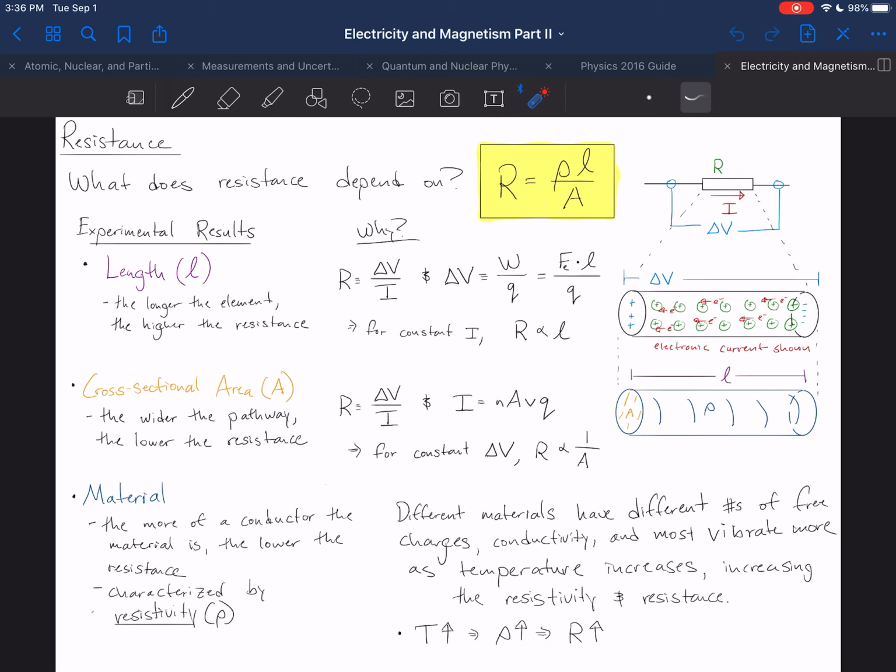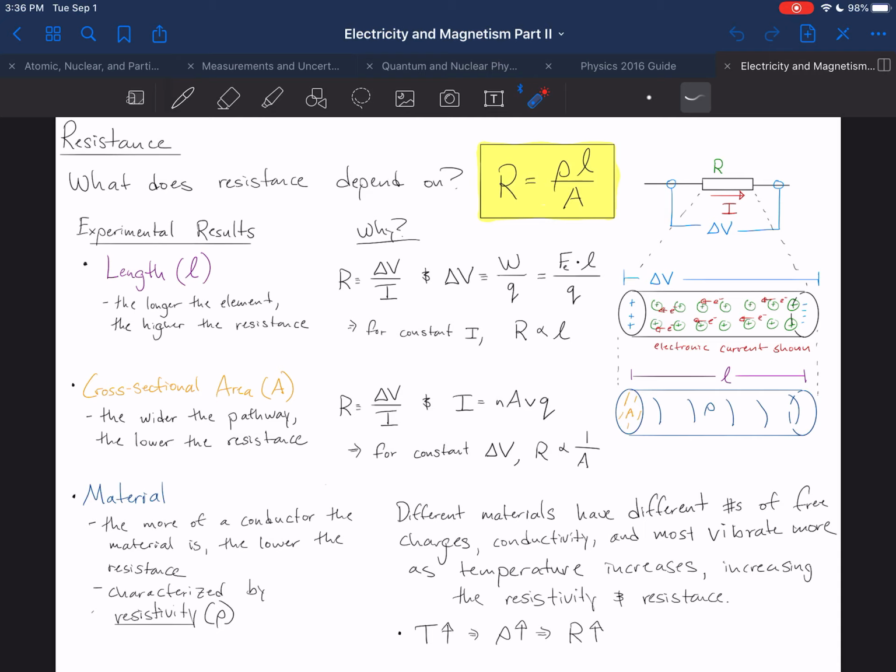It's also important to take a look at this equation, R equals rho L over A, and make sure we understand the fundamental reason why each of these things is true. They seem totally reasonable from a qualitative sense, but we can actually do better than that. We have equations that can show why this is true.